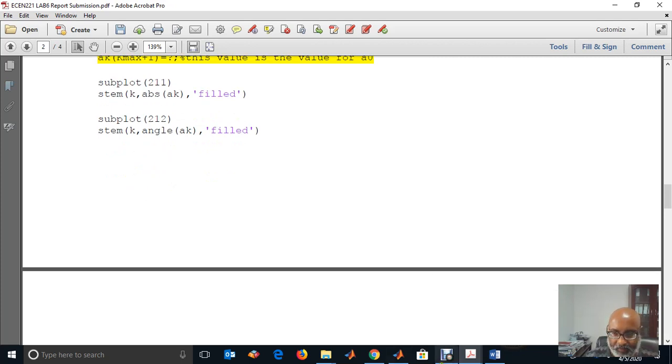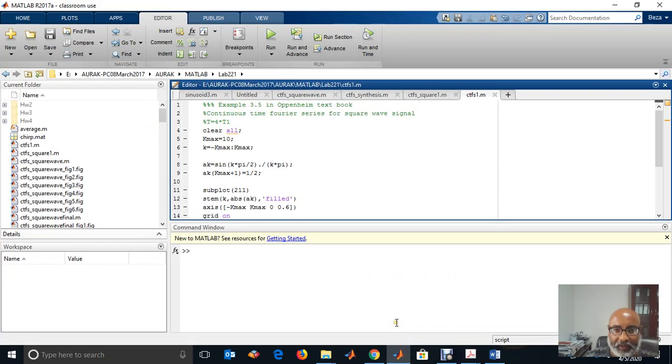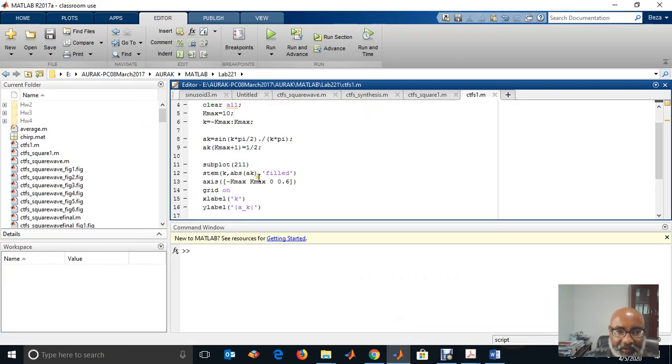Very easy. For example, I can show you here in MATLAB. This is a calculation after I got the AKs. You can do it by yourself. By the way, this signal is already in the textbook, so please refer to the textbook for the calculation of the AKs. Here I defined K max 10, and K from minus K max to K max.